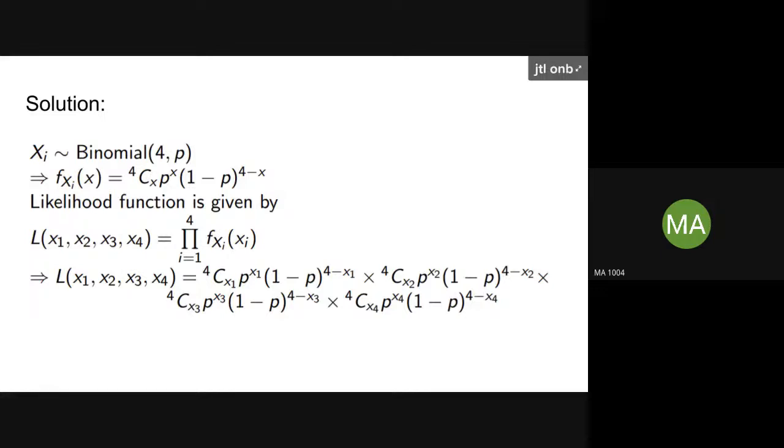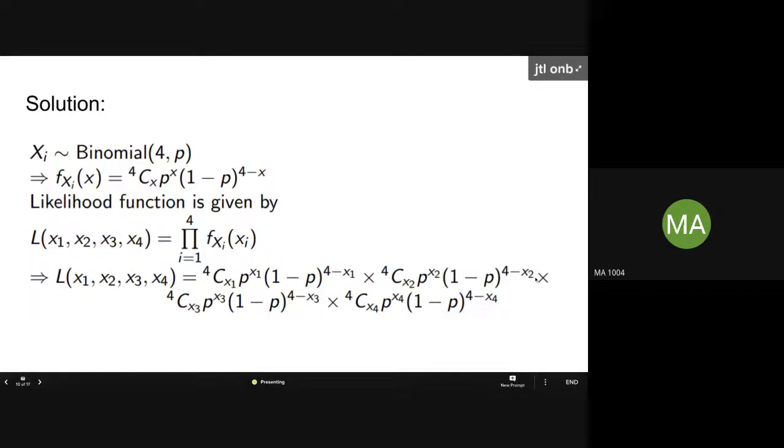The first thing will be that times 4C0, since x2 is 0: 4C0 into p power 0 into (1 minus p) whole power 4 minus 0, which is 4. Then 4C4, since x3 is 4: 4C4 p power 4 (1 minus p) whole power 4 minus 4, which is 0, so it will be 1.